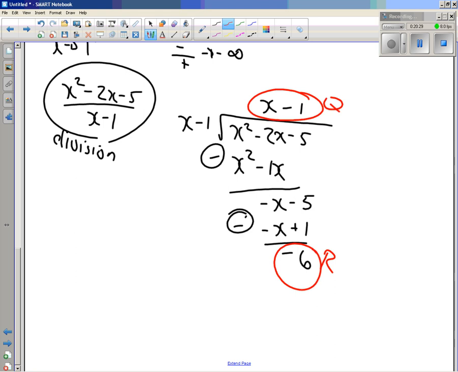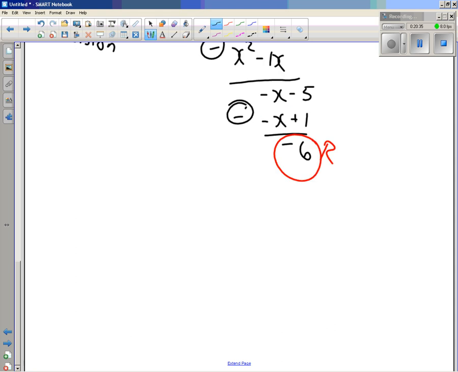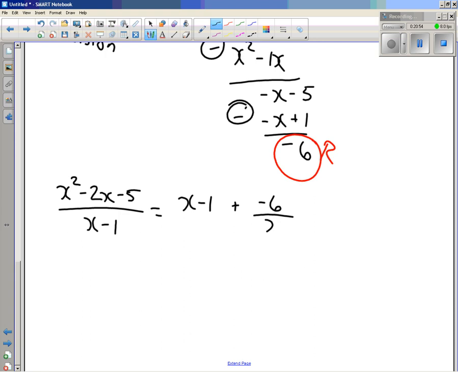And from this, we can jump back in time to when we did long division, and we could write that as a division statement. We could say that x squared minus 2x minus 5 over x minus 1 equals x minus 1 plus negative 6 over x minus 1.